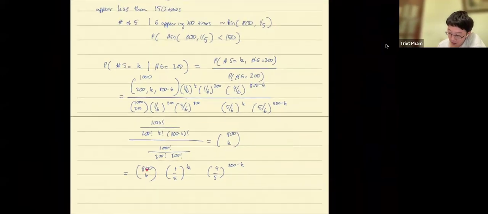That's the binomial 800, 1/5 that I'm talking about. Any question?